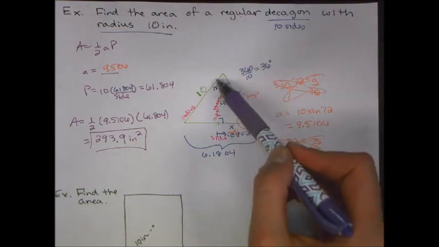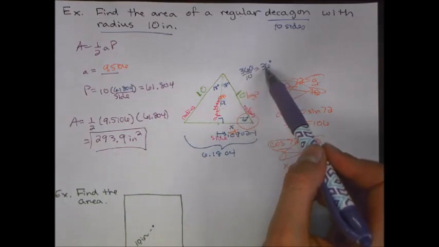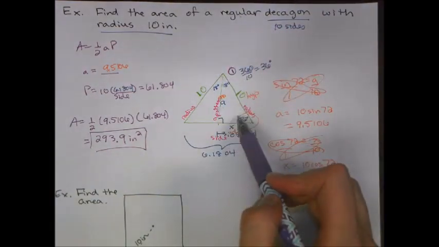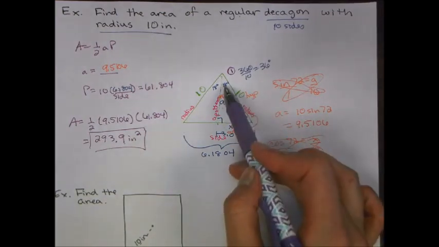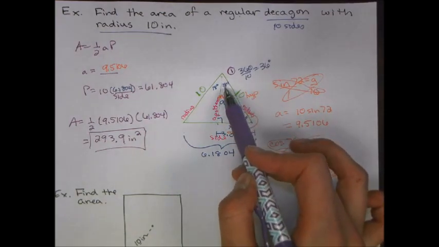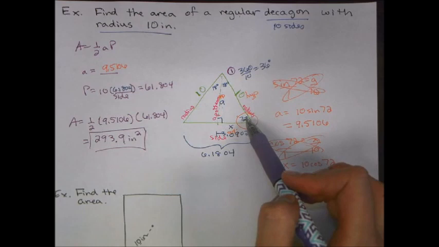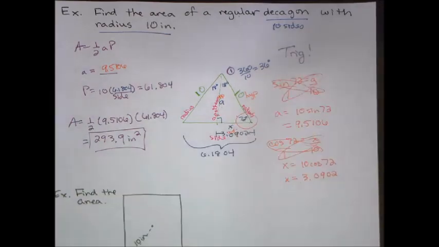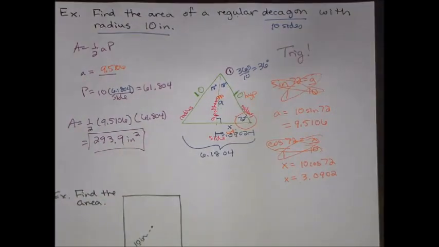So we have to find the central angle, 360 divided by 10. This is one of the first things we did. And then we noticed that's going to be 18 because it gets cut in half. So this angle is 72. This is not a 30, 60, 90 triangle, so we have to use trig, sine, cosine, tangent.